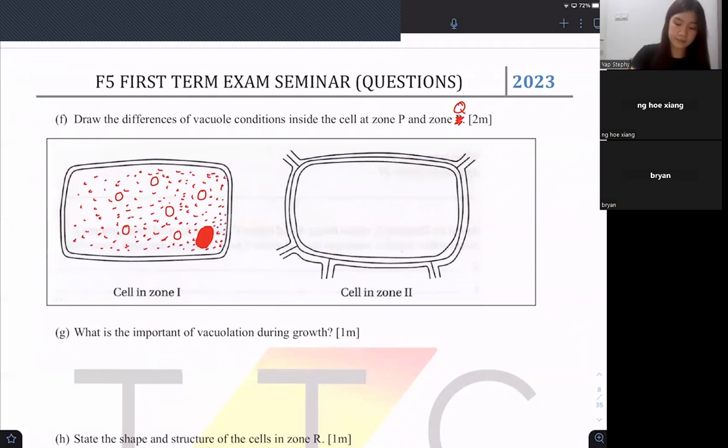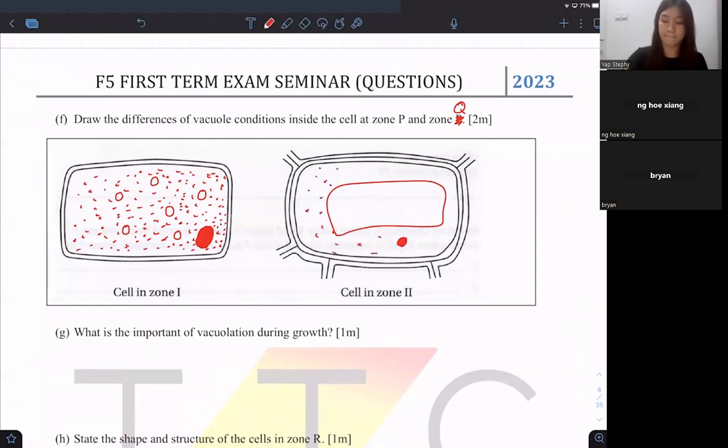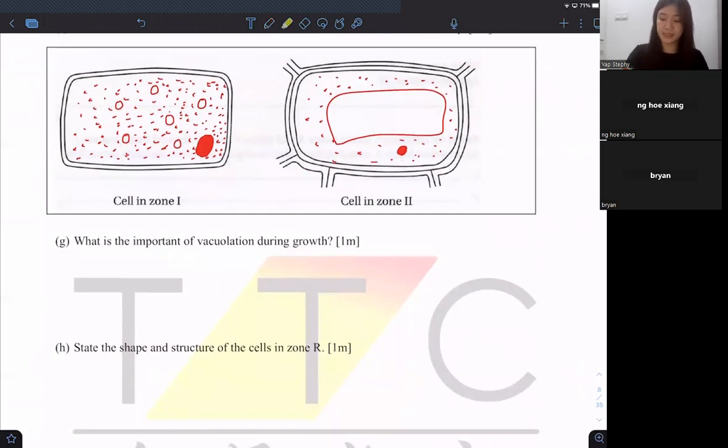Yeah, like this. Okay. But for zone Q, you need to draw a large vacuole, a small nucleus, and also a little bit of cytoplasm. Yeah, like this. Okay. Next, what is the importance of vacuolation during growth?